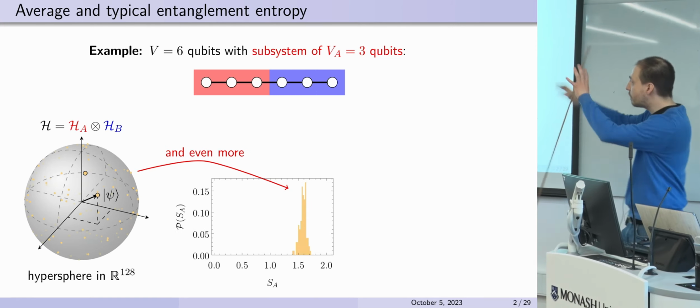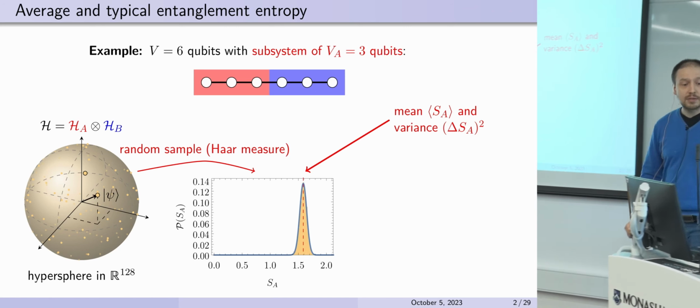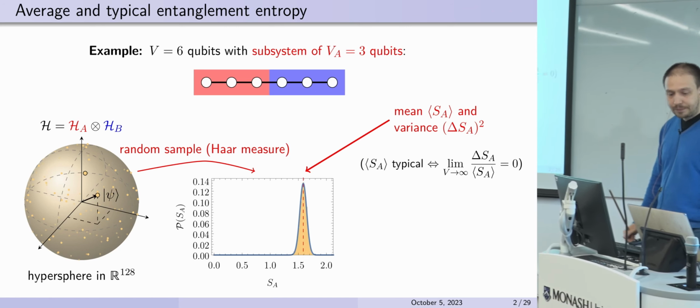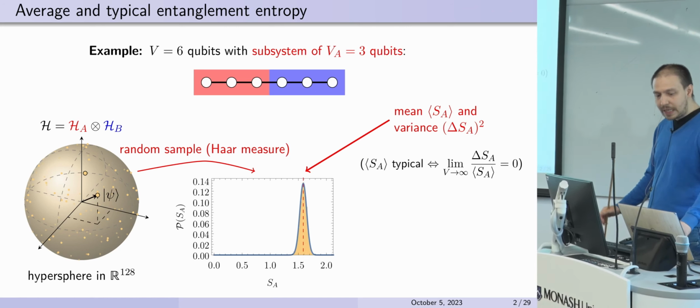The main point is we can compute the average and the variance, and we can now ask what happens if we increase the system, if we take the thermodynamic limit, not just 6 qubits. Does the standard deviation divided by the average go to 0, in the sense that this Gaussian becomes narrower and narrower?